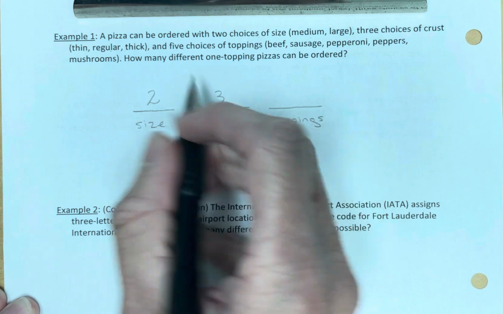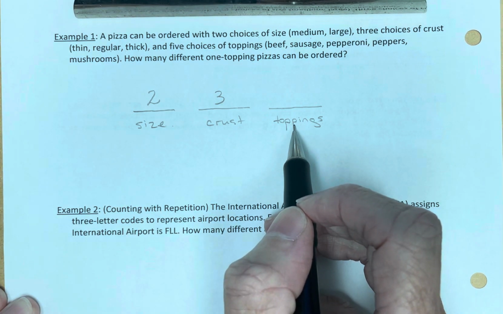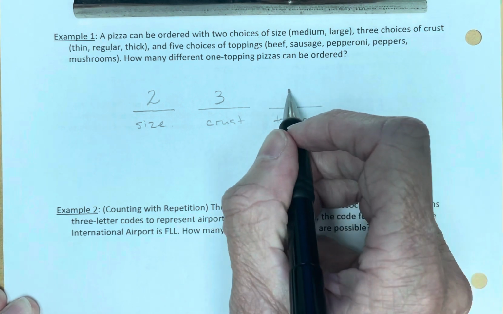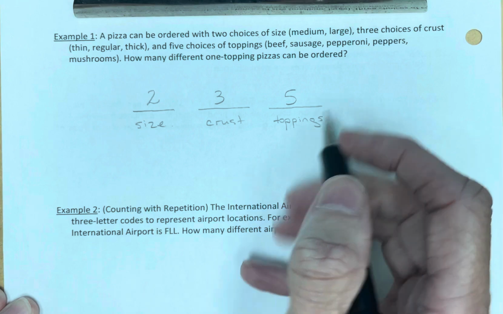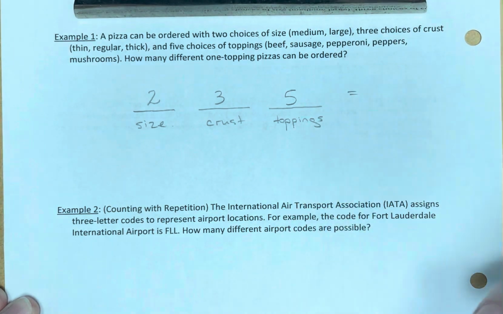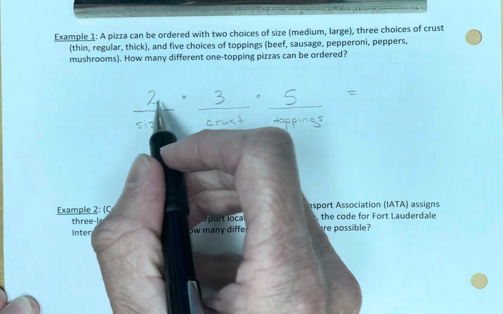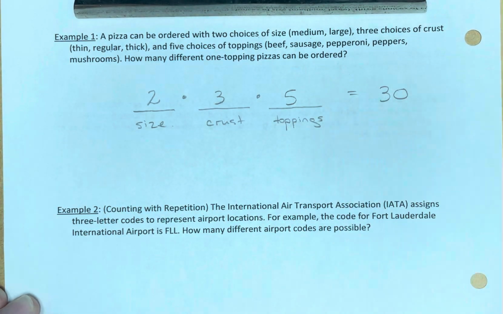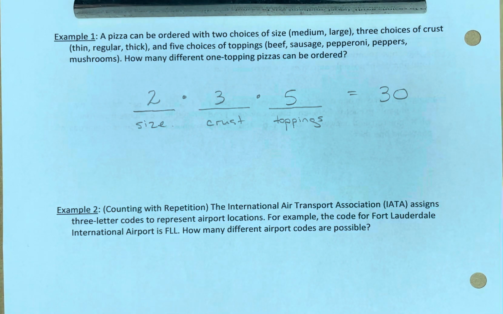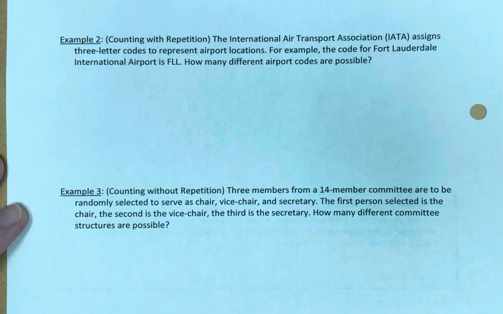We have 3: thin, regular, and thick. And how many different toppings can we put on this? Well, we have 5 different toppings. And we're doing a 1-topping pizza to keep this simple. So how many different 1-topping pizzas can we order? We'll just multiply those, and 2 times 3 is 6 times 5, and we come up with 30 different 1-topping pizzas.